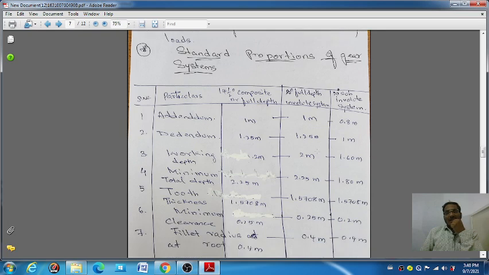Like that, the addendum, working depth, minimum total depth, thickness, minimum clearance, fillet radius at roots. So like this, everyone has some depth.